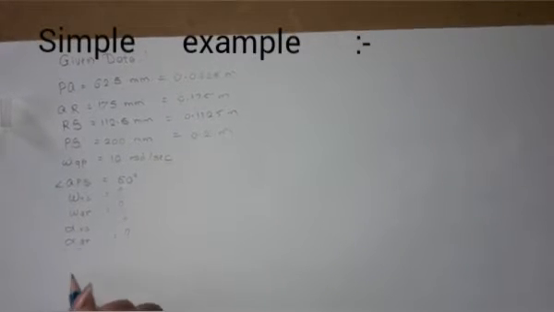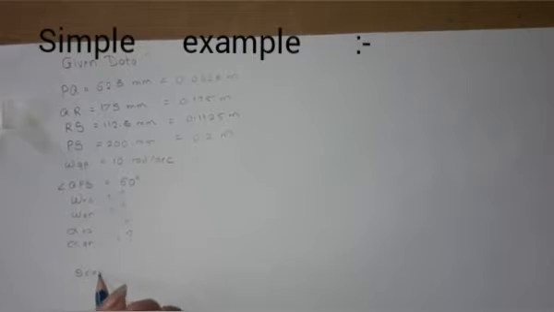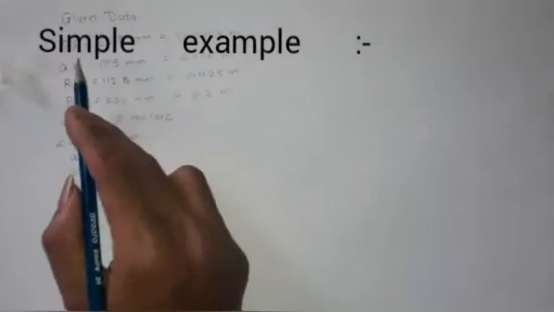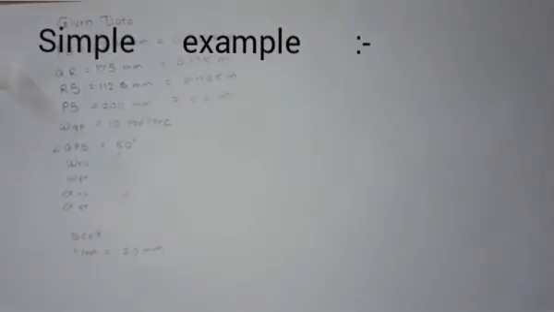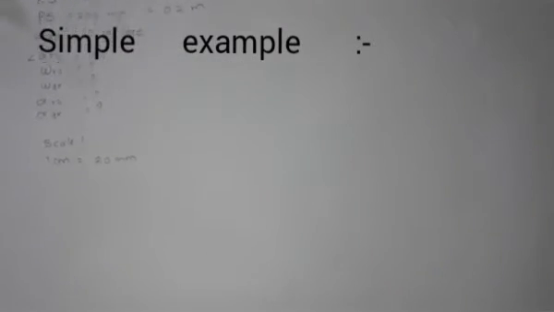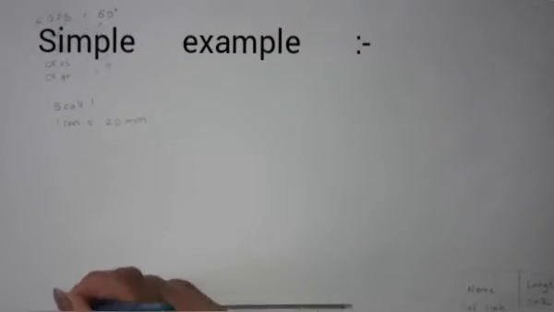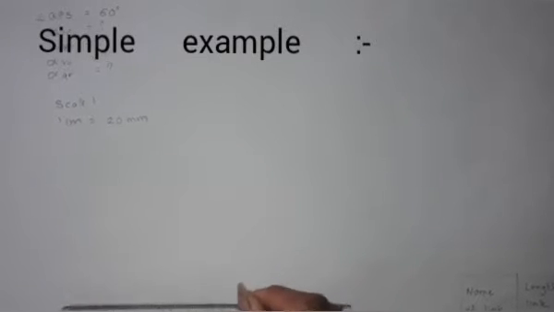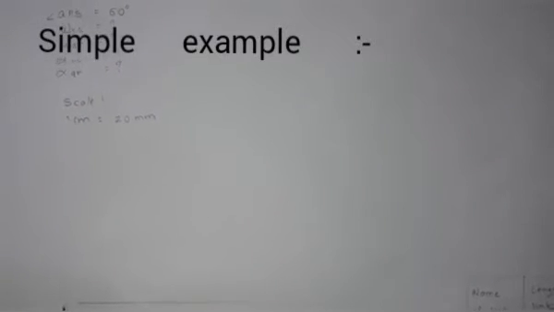So for drawing configuration diagram, that is space diagram, we will take scale, which is 1 centimeter is equal to 20 mm. So the link PS is fixed. First we draw link PS, which has length 10 centimeter by scale.